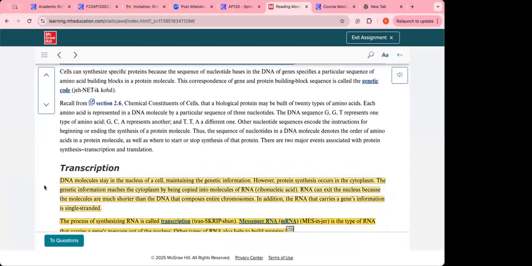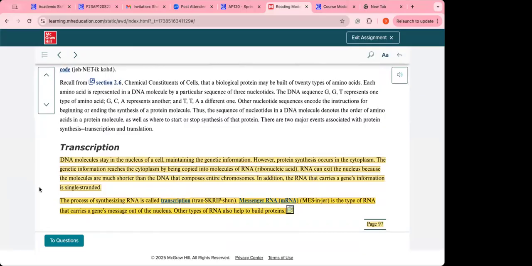DNA molecules stay in the nucleus of a cell. However, protein synthesis occurs in the cytoplasm. The genetic information reaches the cytoplasm by being copied into molecules of RNA. Okay.